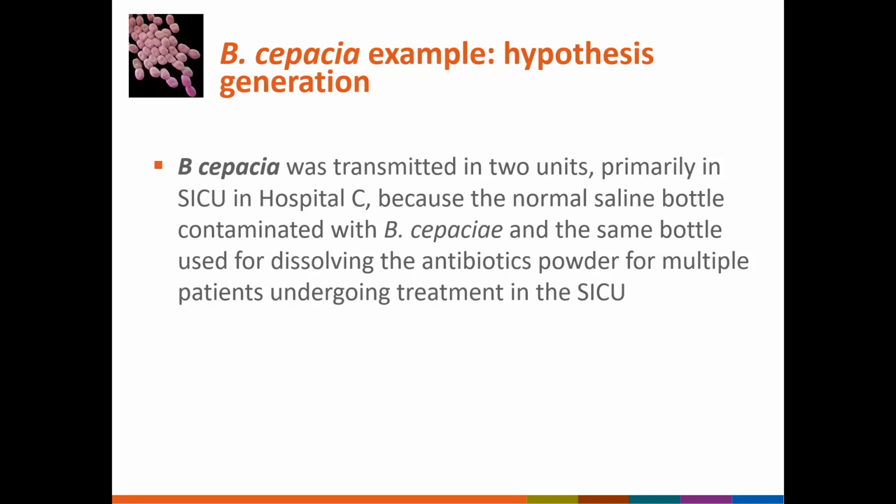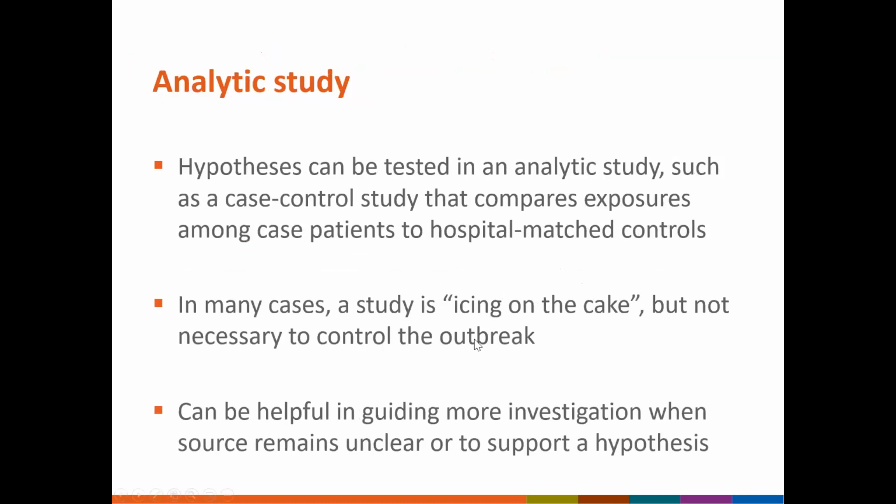That was the reason, because they were able to isolate Burkholderia cepacia from the IV fluids and the patient samples, and the genotypic mapping also correlated with each other. So this is how you generate a hypothesis based on the information you get from the descriptive data analysis of your outbreak.